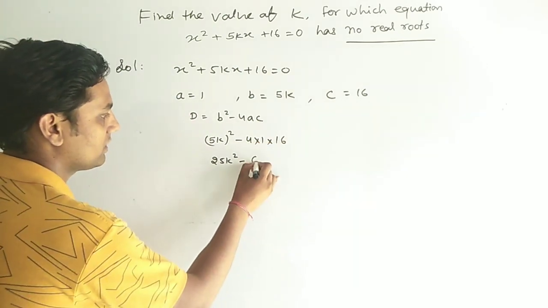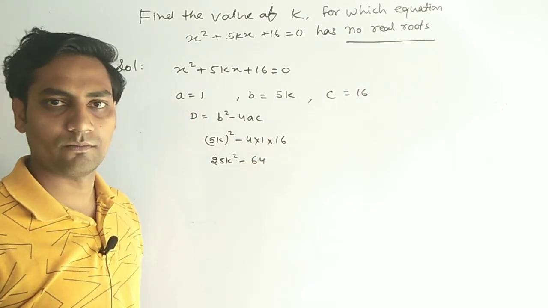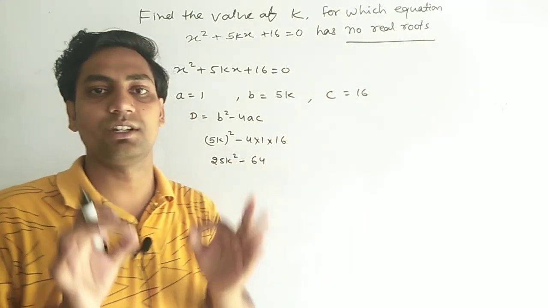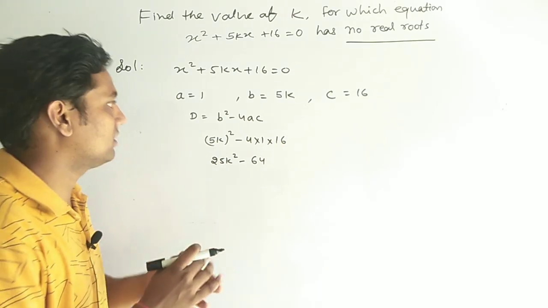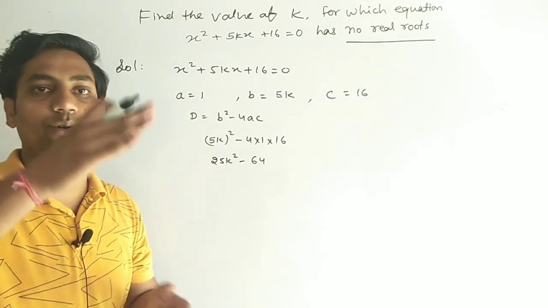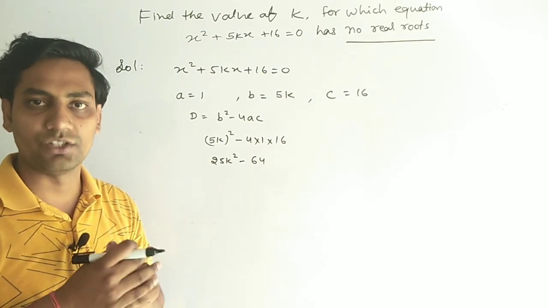So we get 25k square minus 64. Understood? Students, the condition is no real root. It means the value of D is less than 0.